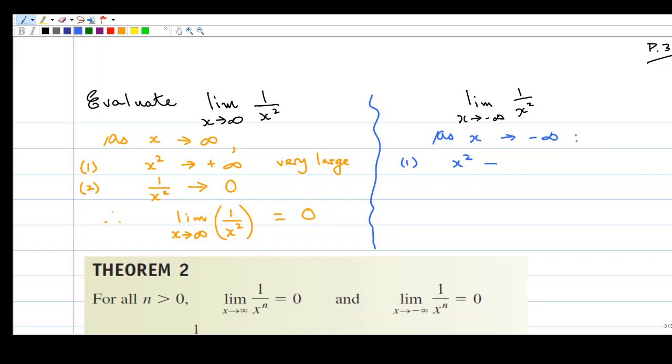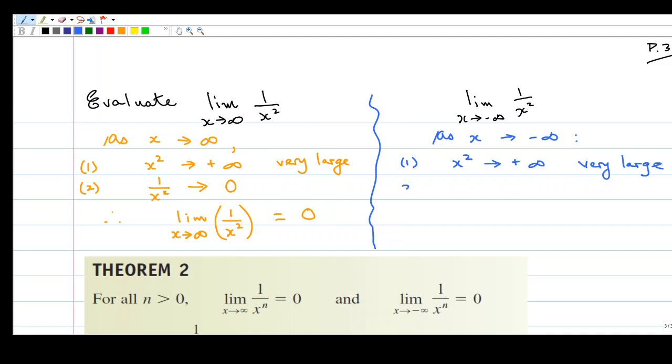You are squaring negative values, so you're going to end up with a positive result, but x is approaching negative infinity, so x squared is going to approach positive infinity, right? And again, this is very large.